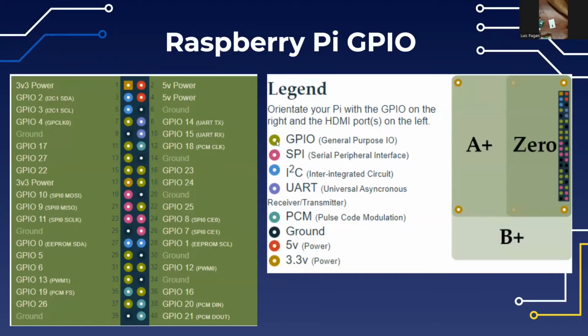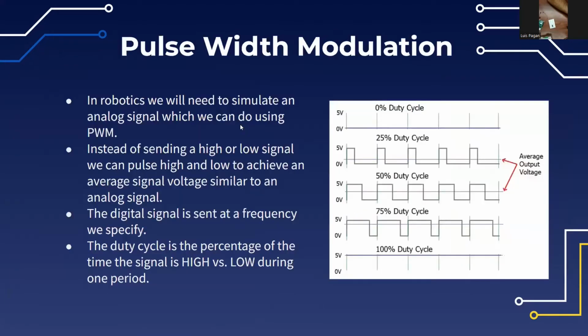GPIO, the green ones, are only digital. SPI is a specific communication protocol, I2C and UART the same. But then you have these ones here that do PWM or PCM, which is going to be important later. There should be 4 of them: 1, 2, 3, 4. Then 5 volts and 3 volts. But that's the basic gist of GPIO.